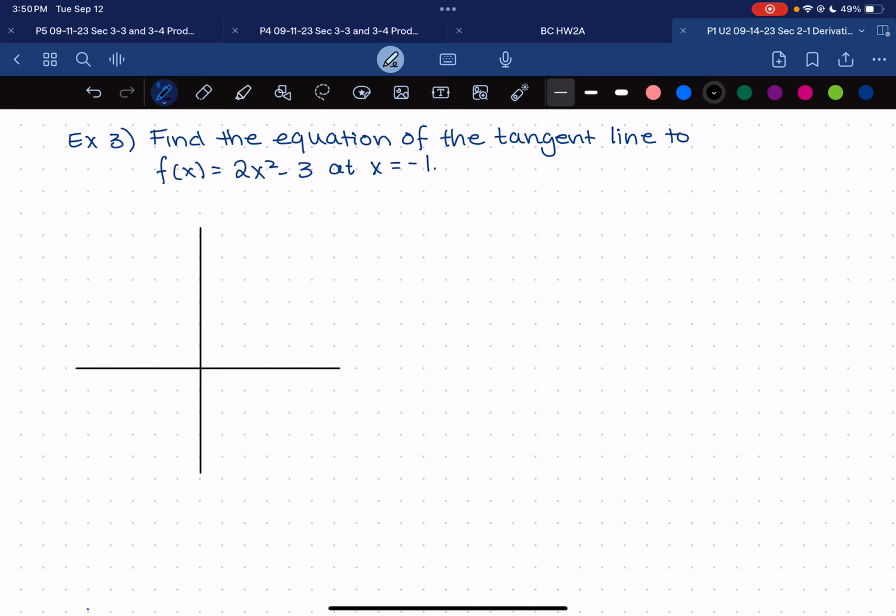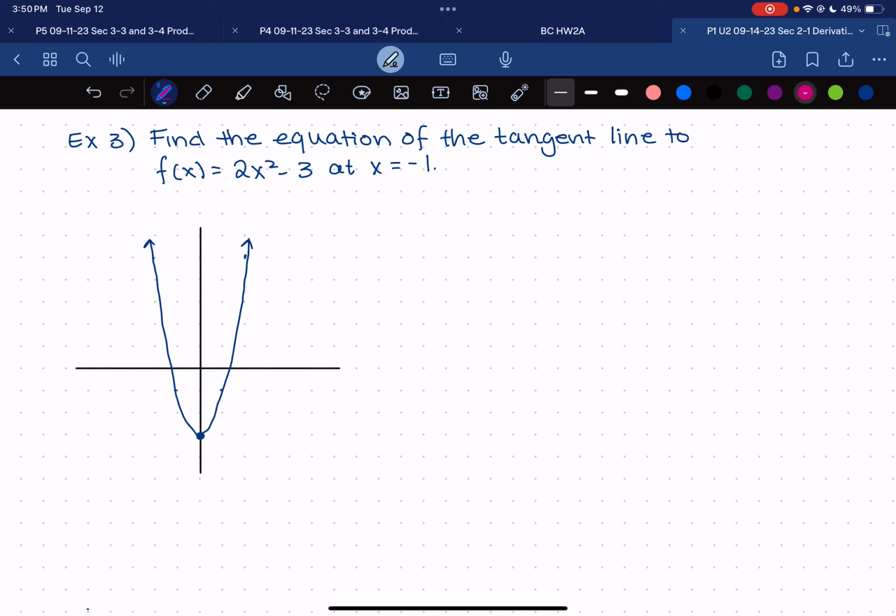So the vertex is down at 0, -3. It's a very skinny parabola. So it looks something like this.